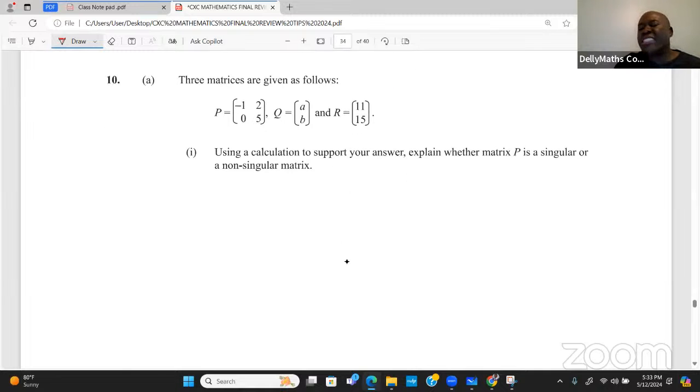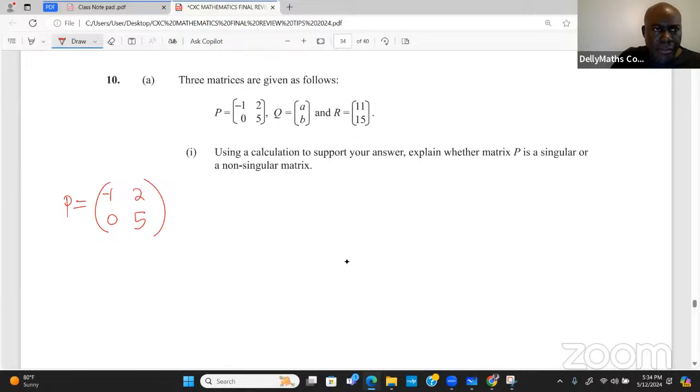All right, what's the concept of a singular matrix? A singular matrix has determinant 0. That's the concept. So we're going to try to find the determinant, and if it is 0, fine. So matrix P is [-1, 2; 0, 5].